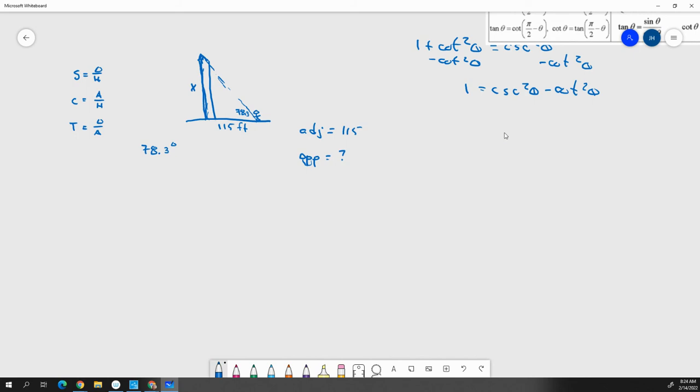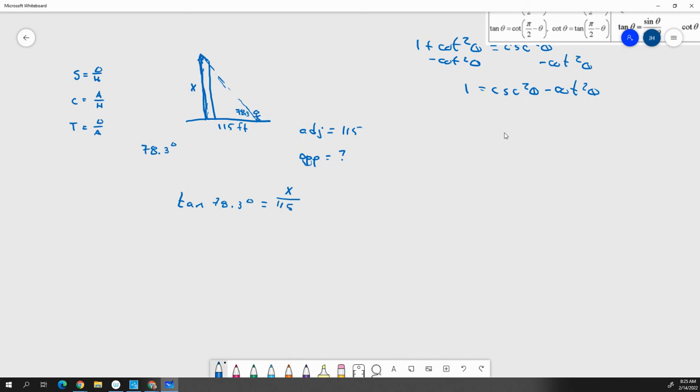Opposite over adjacent. So I'm going to go tangent of 78.3 degrees equals the opposite over the adjacent. We don't know the opposite yet, so I'm just calling it x over the adjacent, which we do know, which is 115 feet.